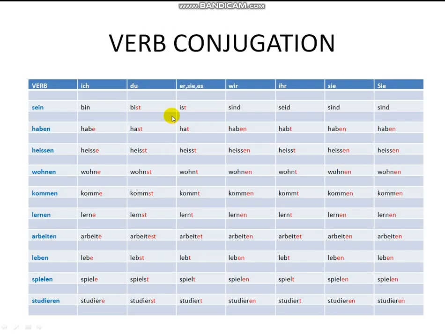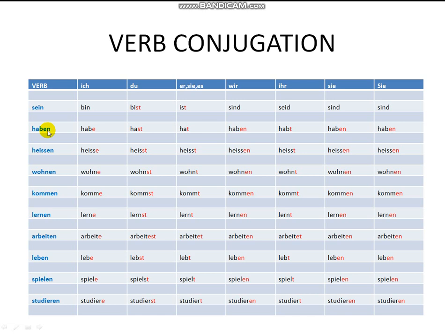Our next slide is where we are going to conjugate the verbs, verb conjugation. You can see we have the personal pronouns on top and the verbs vertically. To conjugate sein, you say ich bin, du bist, sie, es ist, wir sind, ihr seid, sie sind, Sie sind.